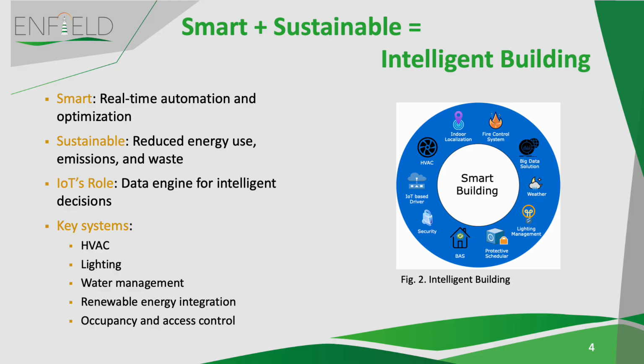Key systems to benefit from IoT integration include HVAC systems that adjust based on occupancy and air quality; automated lighting that responds to natural light and usage patterns; water management, leak detection and usage monitoring; renewable energy integration, systems like rooftop solar panels that feed data into building energy management platforms; and occupancy and access control, smart sensors and badges that track movement and access.